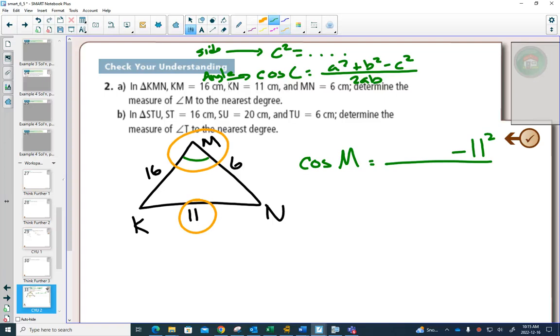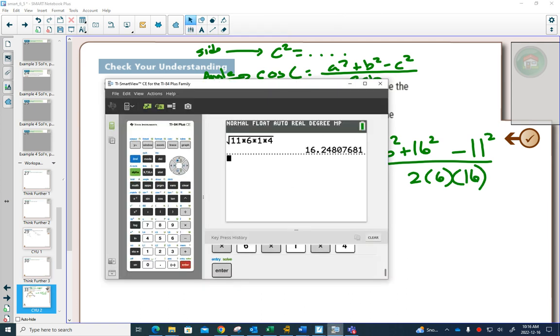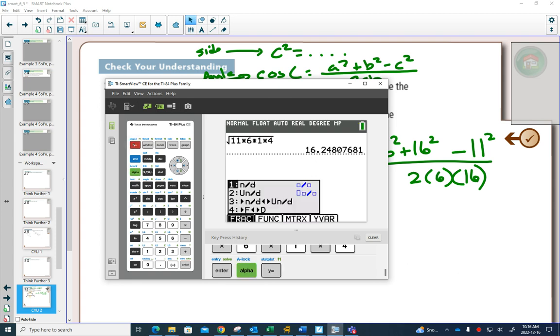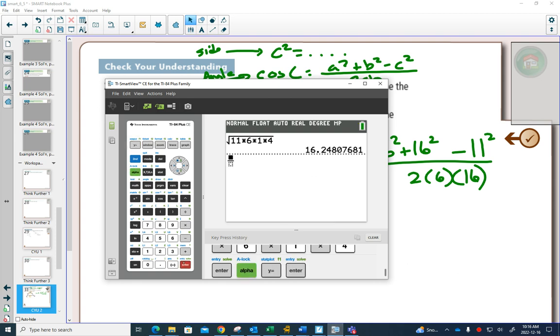So what do we put in here? It doesn't matter the order of these ones. If you have a graphing calculator, this is great to use the fraction button. If you don't know how to use the fraction button and you have a graphing calculator, you can come see me.